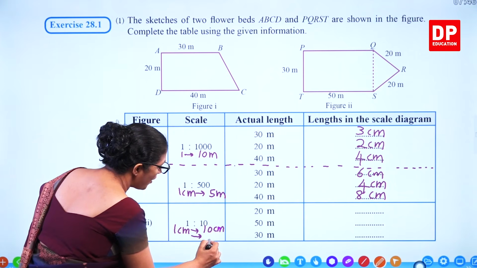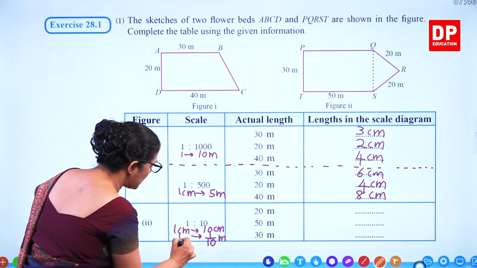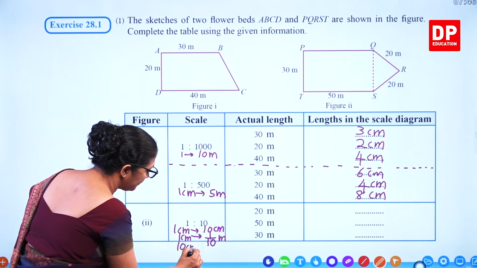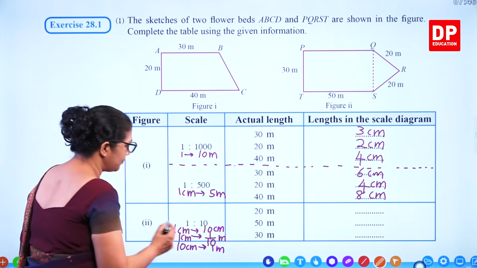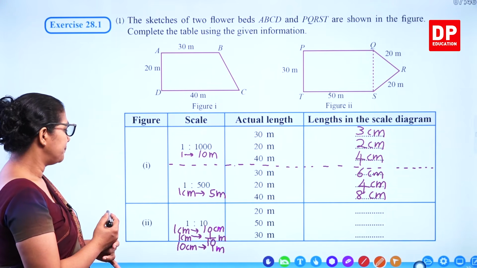You get 1 over 10 meters is 1 centimeter. That means 10 centimeters you can draw with 1 meter. 10 centimeter length with 1 meter.